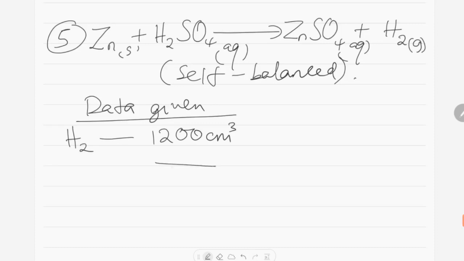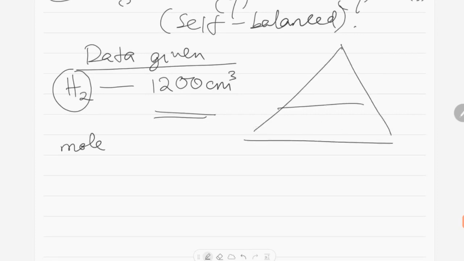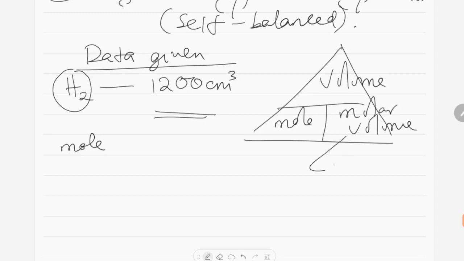So with this, we can easily find the moles of hydrogen gas. Let me just take you back. In terms of volume, mole is equal to volume over molar volume. So this molar volume is 24 cubic decimeter at RTP.